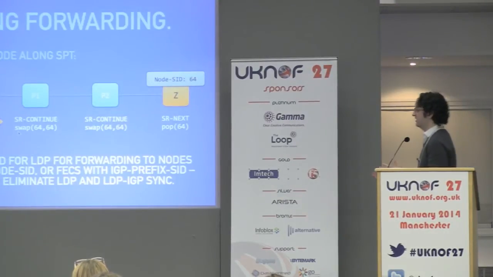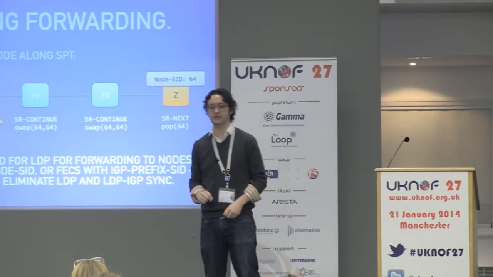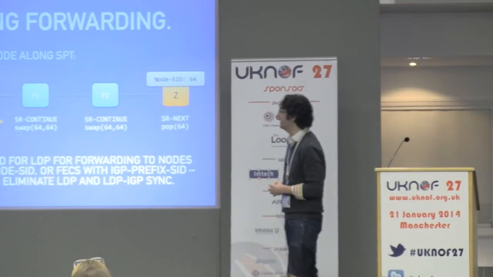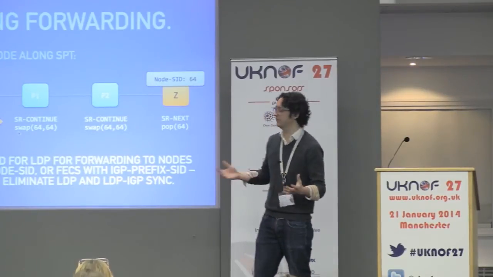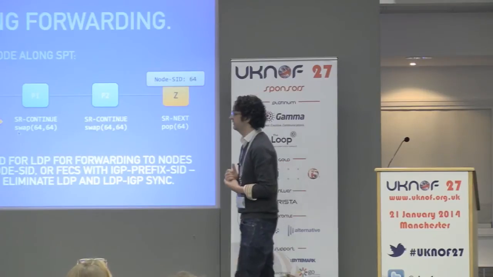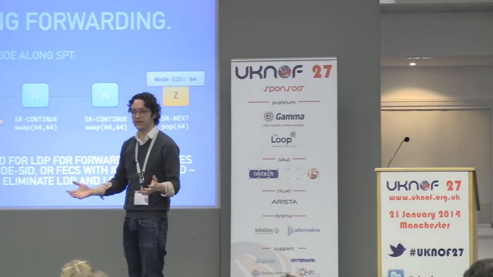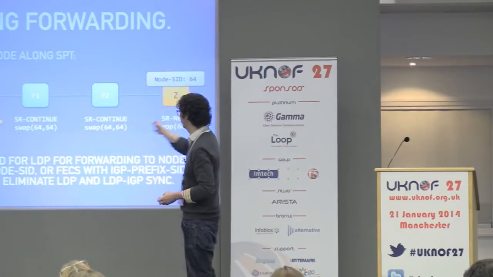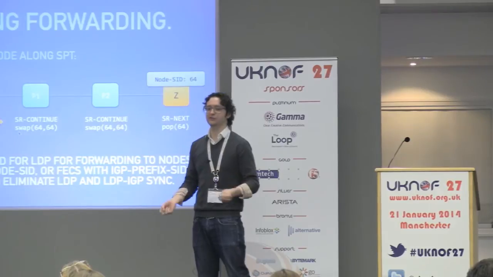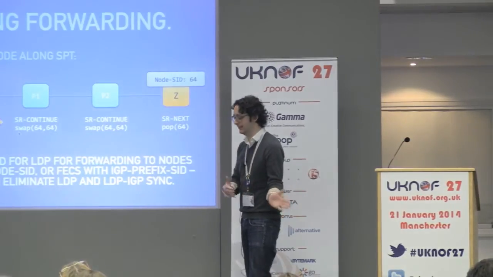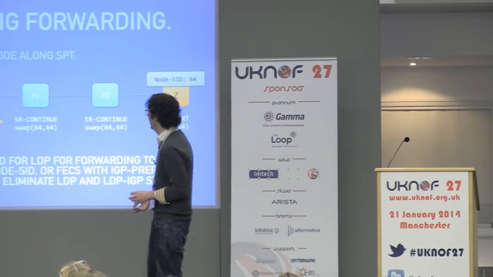So how do we actually end up with forwarding? If we take the really basic case that I've got one node in the IGP that wants to forward to another node in the IGP, then each node advertises its node segment identifier, and that's the global label that means you can reach me. So the head end imposes that label on the packet, and then at each stage there's an abstract forwarding model defined for segment routing that's not really related to the underlying data plane, but in this case I'm only going to talk to the MPLS one.